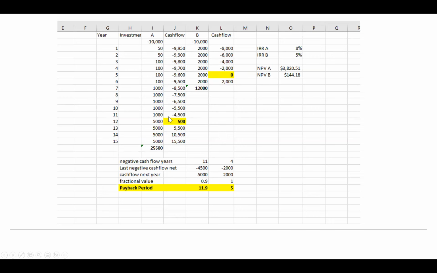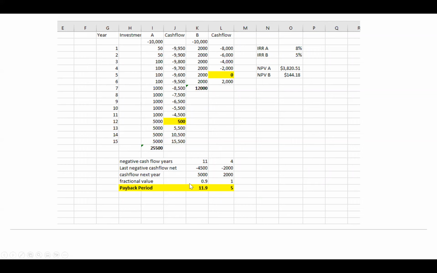So you have negative 4,500, and you get $5,000 this year. You would divide the 4,500 by the 5,000, and you get 0.9. And so it's 11.9 years, so you can actually know what fraction of the year you get paid back.